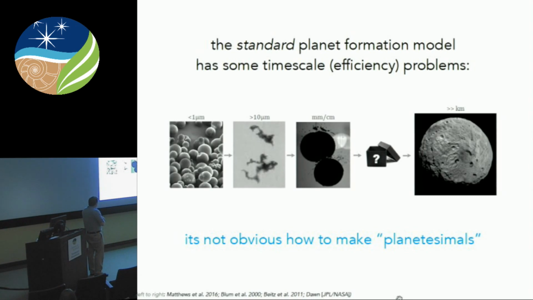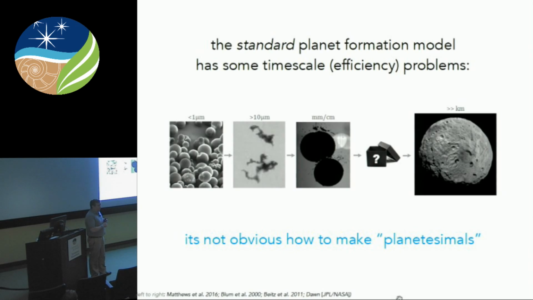And there are a number of different ways of posing this problem or looking at the timescale as a problem. But the one I'm going to focus on specifically for the solids is that it's actually not trivial to understand how you build what we call planetesimals, the building blocks of planetary cores or terrestrial planets.